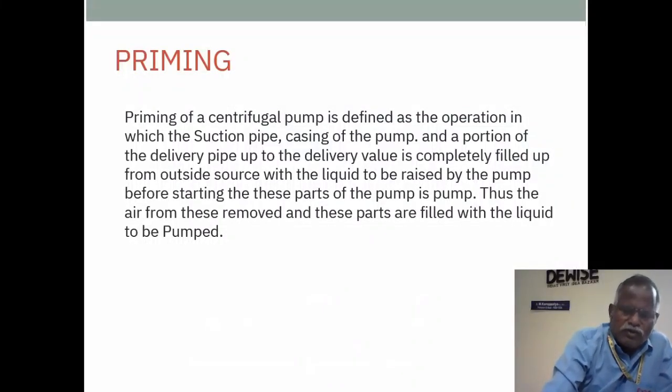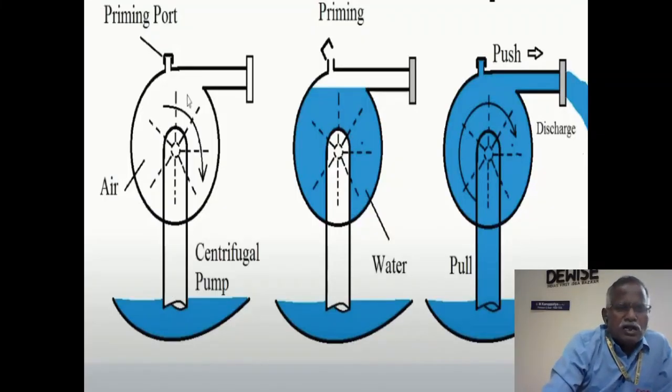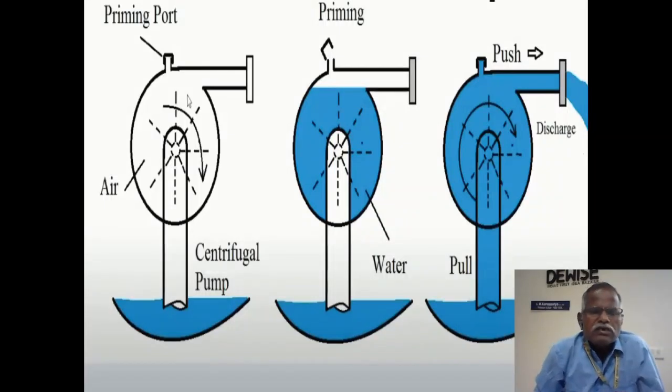Or whatever fluid we are going to transfer from one place to another may be filled in. This is how the priming takes place. Initially, the diagram shows the priming port. Priming ports are just small taps; through the taps, the air inside the centrifugal pump can be removed. First. The next diagram is priming starting.